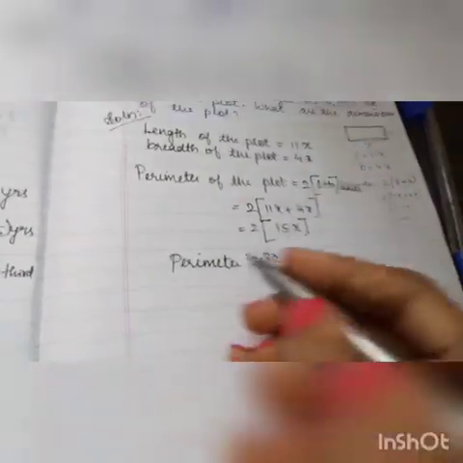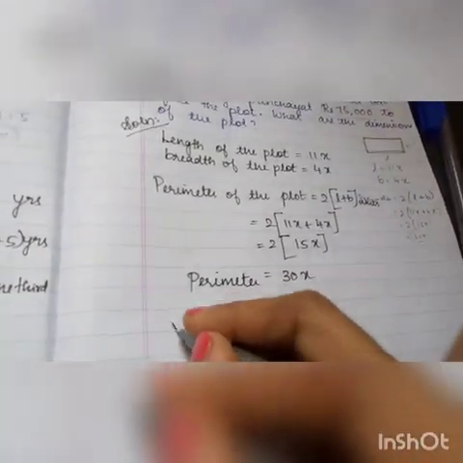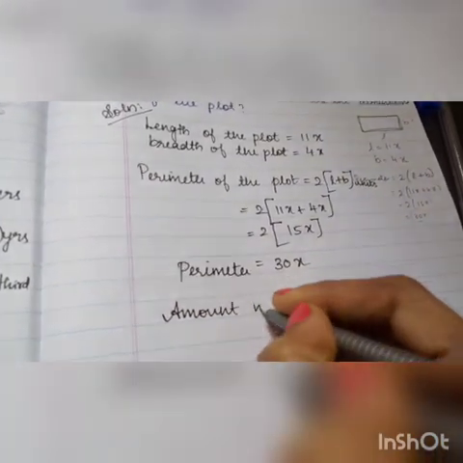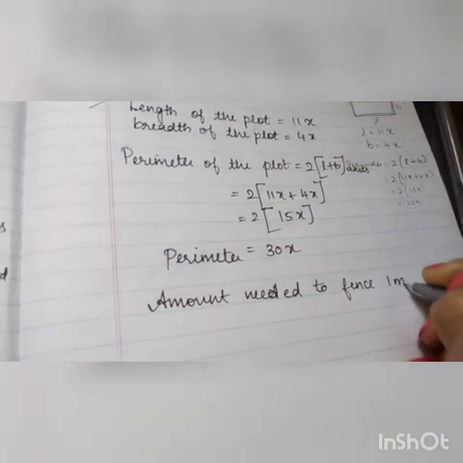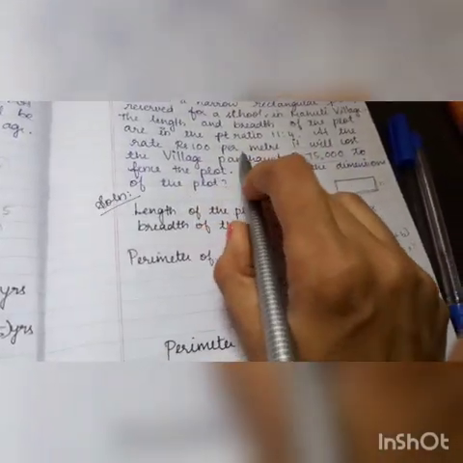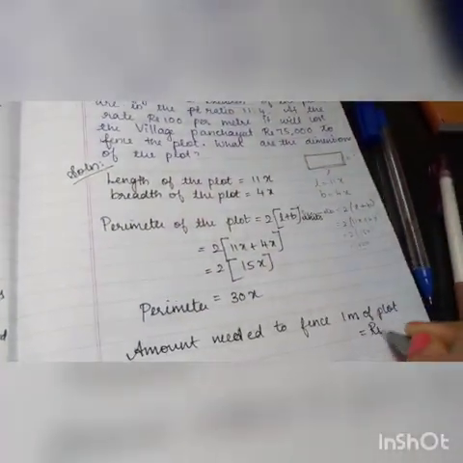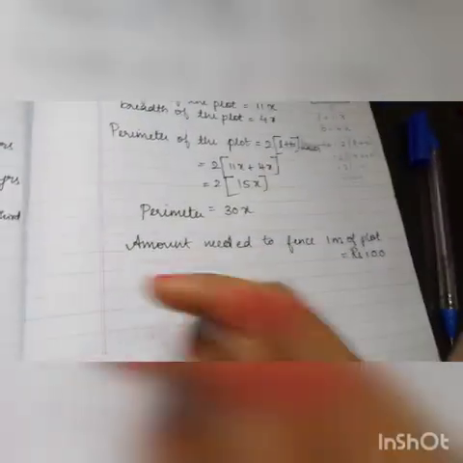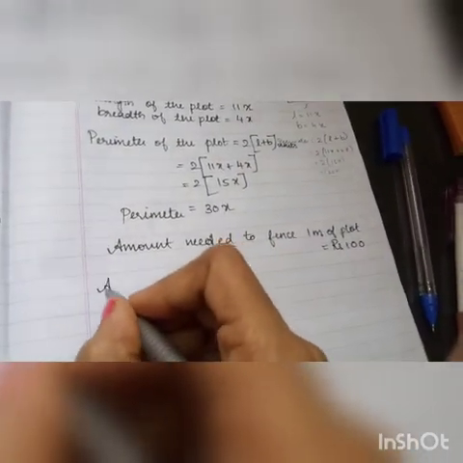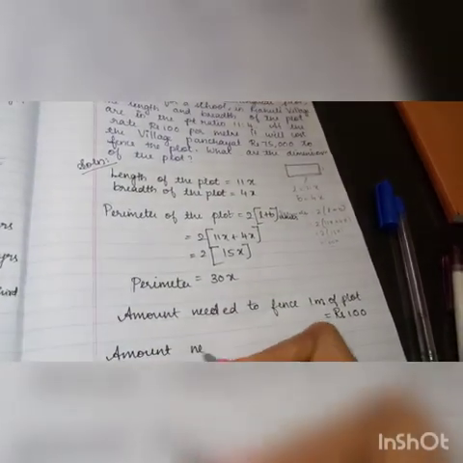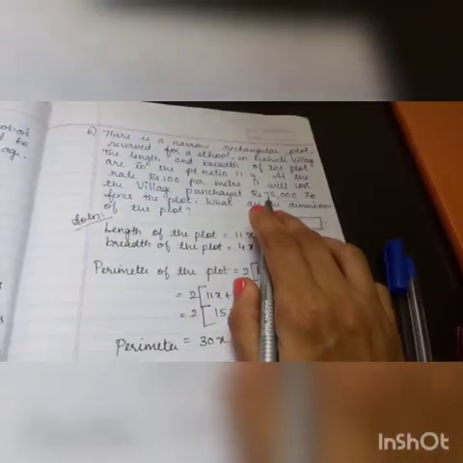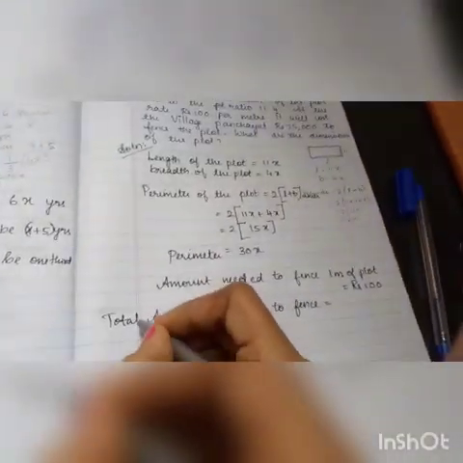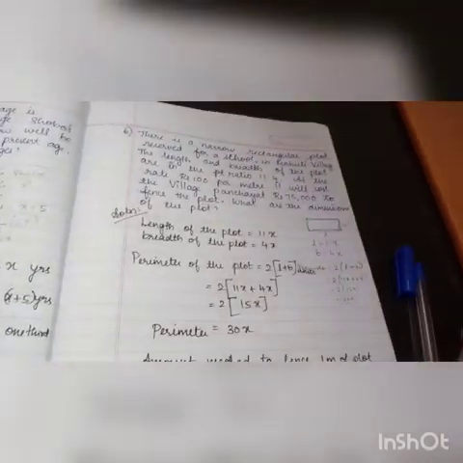How much cost? How much amount is being spent? Amount needed to fence 1 meter of plot is rupees 100. Rupees 100 per meter. Therefore, the total amount needed to fence is rupees 75,000.